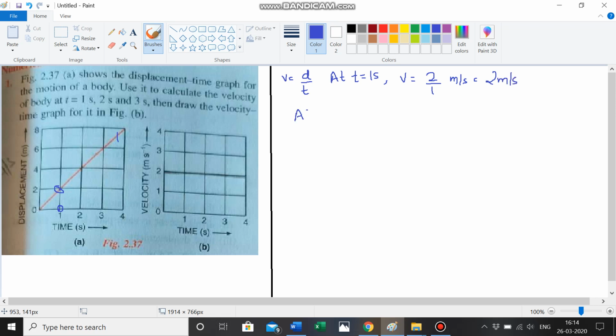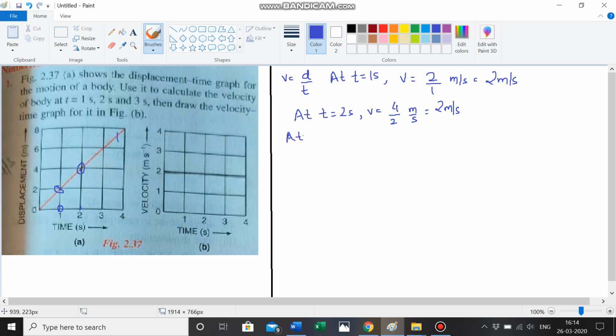And let's look at t is equal to 2 seconds. At t is equal to 2 seconds, the value of displacement is 4. So velocity is equal to 4 upon 2, which is 2 meter per second.